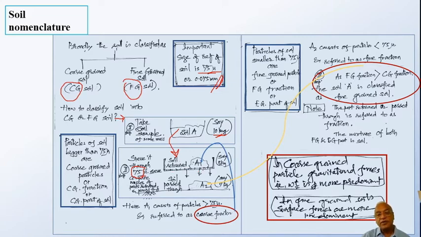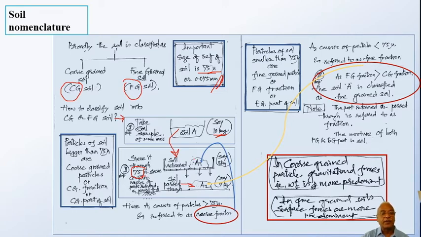A part of the soil gets through and a part of the soil is retained above. Let us say out of 10 kg, 3 kg is retained above, and around 7 kg has passed through. The soil which is passed through is over here, and the soil which is retained is above.